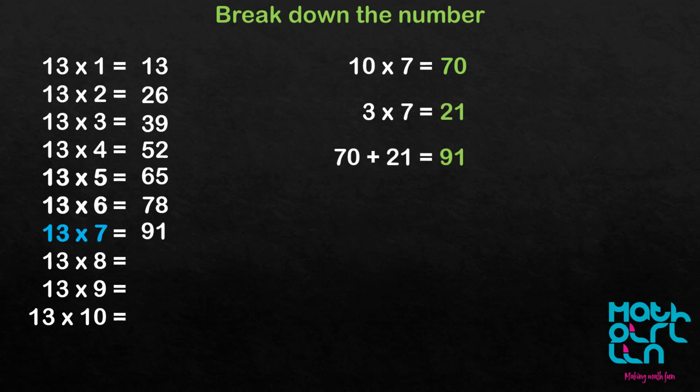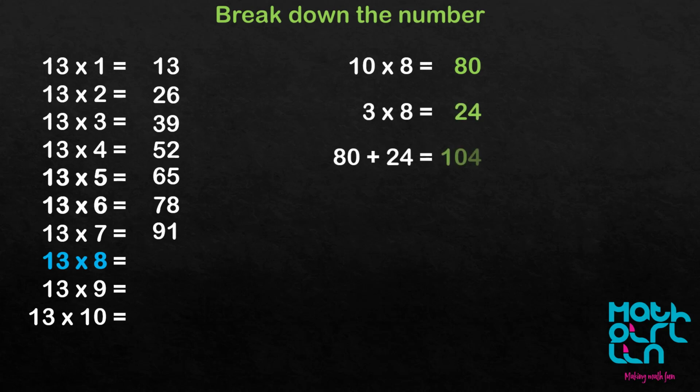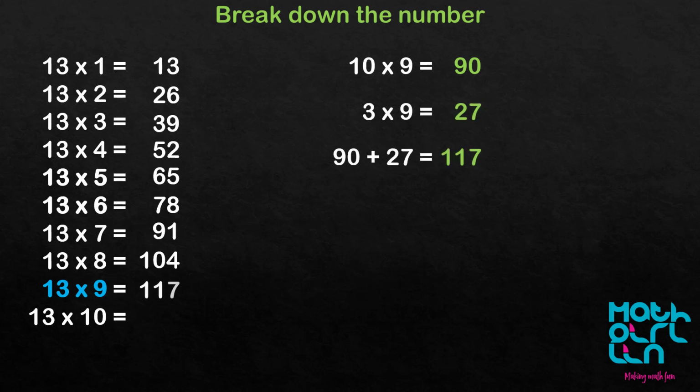So 13 times 7 is 91. 13 times 8. 10 times 8 is 80, and 3 times 8 is 24. 80 plus 24 is 104. 13 times 9. 10 times 9 is 90, and 3 times 9 is 27. 90 plus 27 is 117.